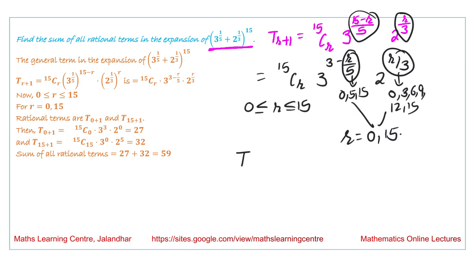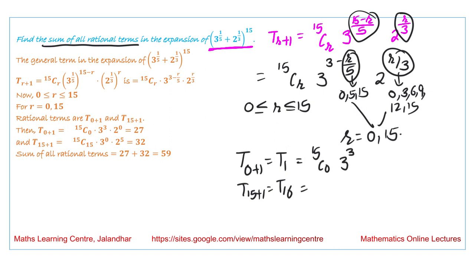So we are interested in calculating the sum of rational terms. T(0+1) is T1, and T(15+1) is T16. T1 has the value 15C0, 3 raised to the power 3, 2 raised to the power 0, and T16 is 15C15, 3 raised to the power 0 and 2 raised to the power 5.